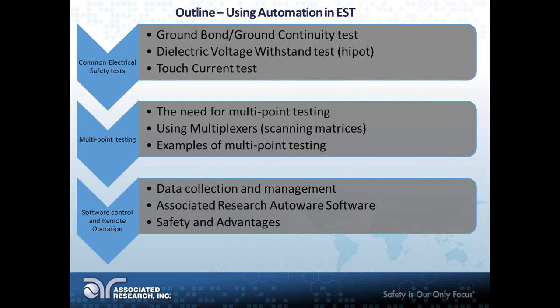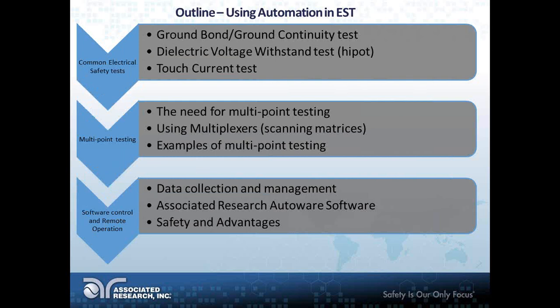multi-point testing. We'll try to cover where the need for multi-point testing comes in, and how multiplexers or scanning matrices, scanners, can be used for multi-point testing. We'll give some examples of multi-point testing.